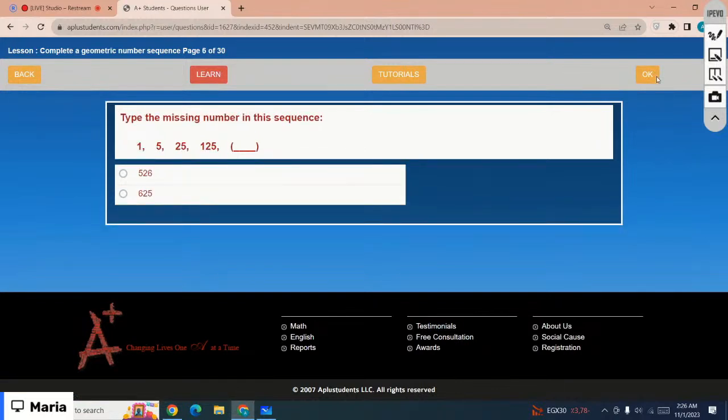Okay, type the missing number in the sequence. Which is the next number in the sequence?